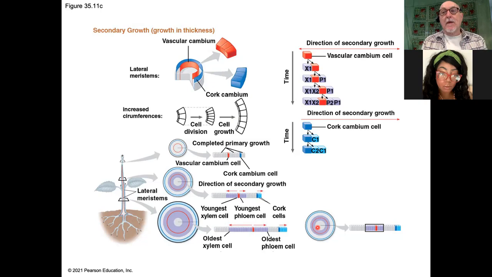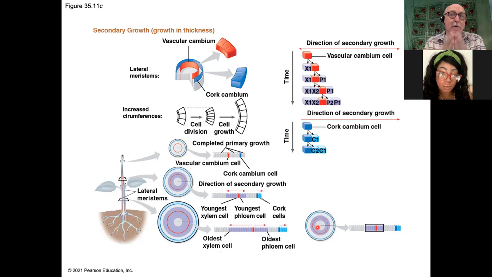The answer is that the initial meristems, the initial dividing cell groups that are produced in the plant, are called the primary meristems, and those are the ones that lead to the initial structure of the stem. And we saw the distribution of the different kinds of tissue, the ground tissue, and then the vascular tissues.